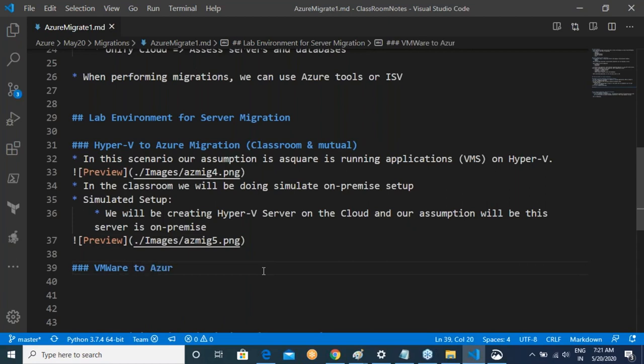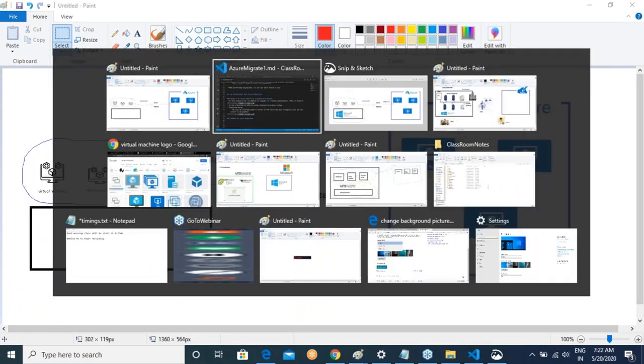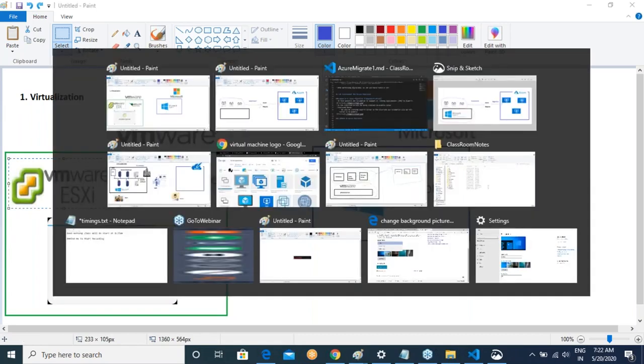When it comes to VMware to Azure migration, there is one slight challenge. When you want to do this kind of migration in VMware, you need VMware ESXi to be installed.